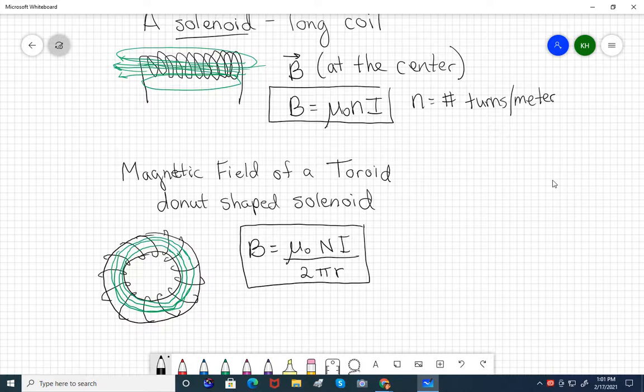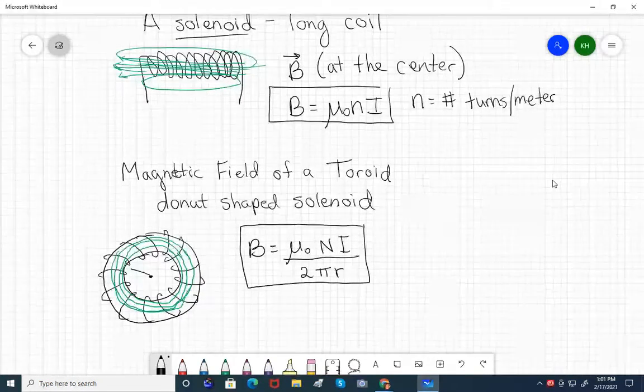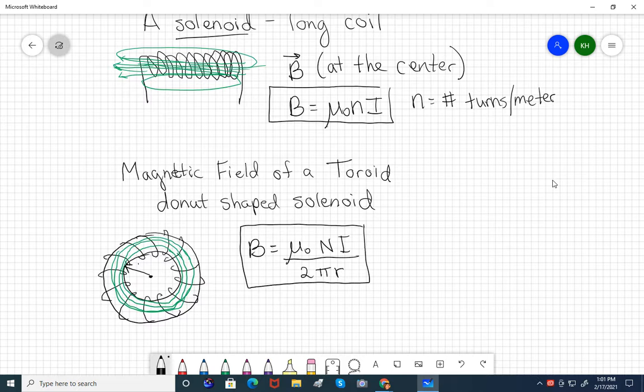Now, r is measured from the center of the circle. So if you think of this inner radius being r1 and the outer radius being r2, the value of this r has to be between r1 and r2.